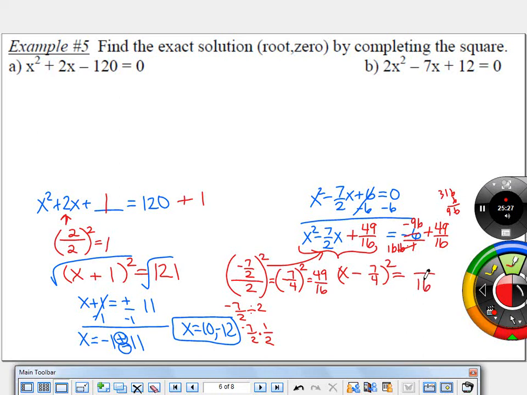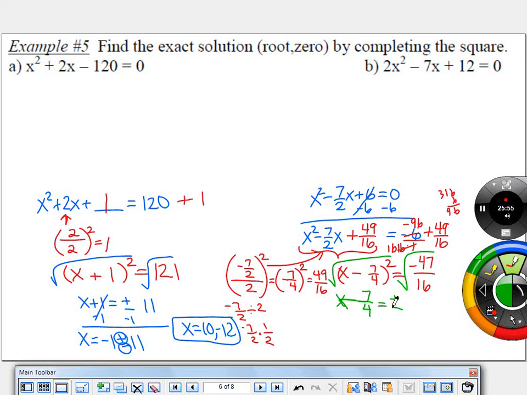So I get negative 47 over 16. Okay. All right, once we have our perfect square, to solve the equation, we take the square root of both sides. So we get x minus 7 over 4 equals plus or minus, what is the square root of negative 47 over 16?